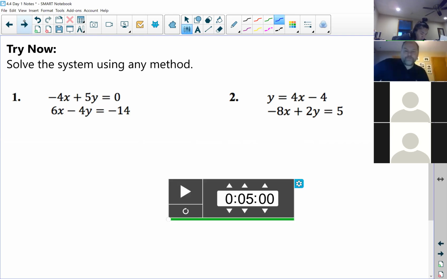Use any method you want. Find the solution for each one, and go ahead in the chat. Tell me what your solutions are. So I'm going to start the timer. I'm going to mute me, and that way you can work on your own.